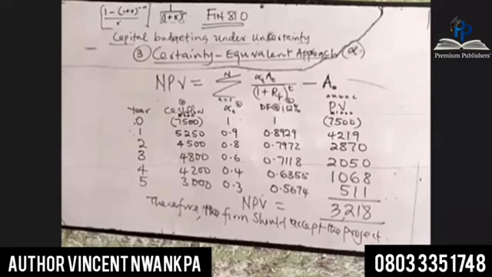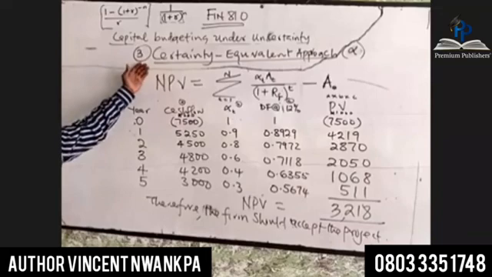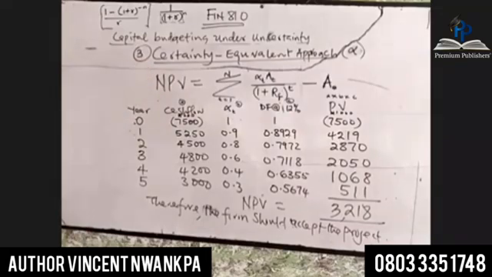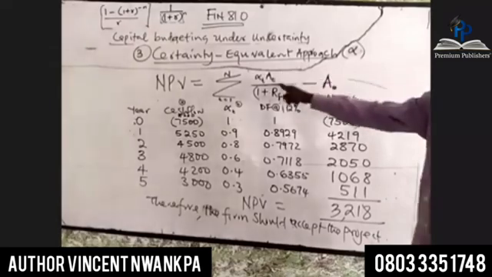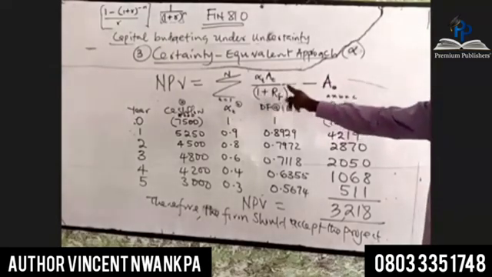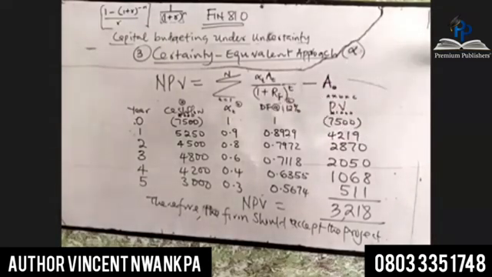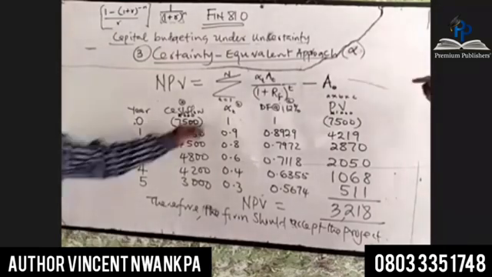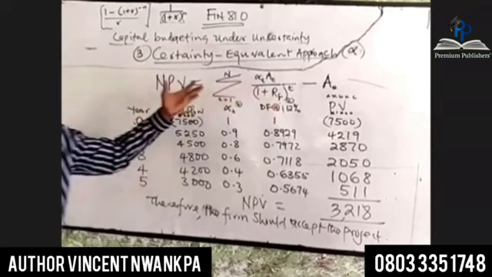Why are we using different symbols to identify the discount factor? The different symbols denote the discount factor for different problems. For example, this discount factor is 1 over 1 plus RF raised to power T. It's the same thing as 1 over 1 plus R raised to power T. We're just trying to say it's risk-free.